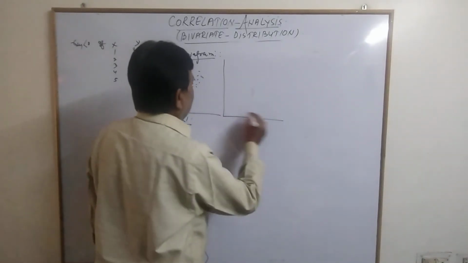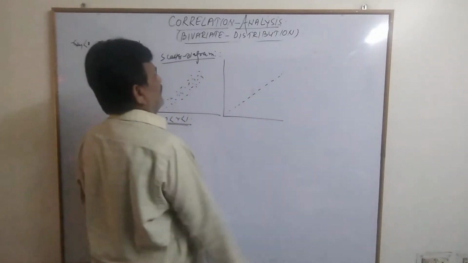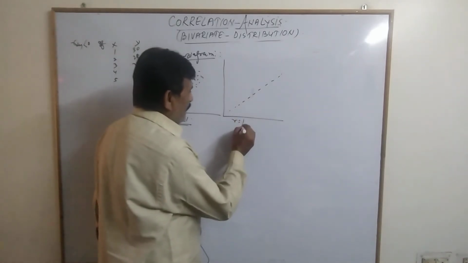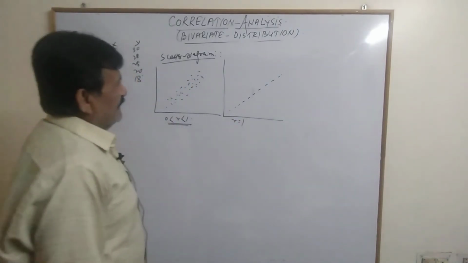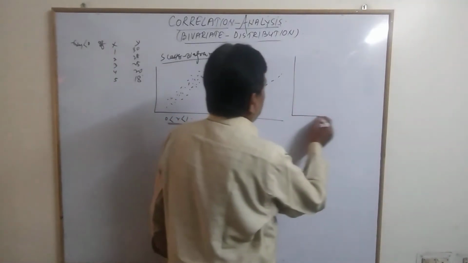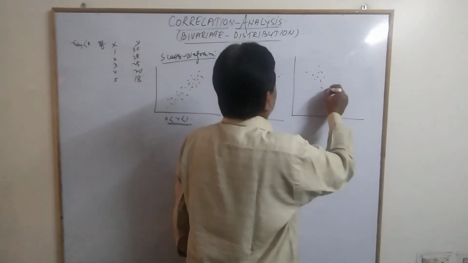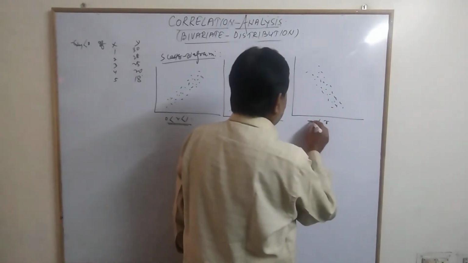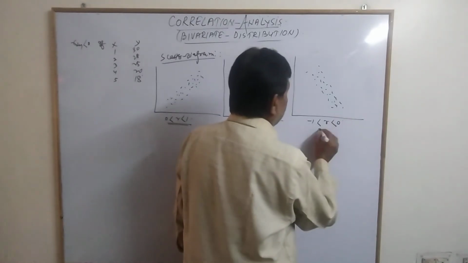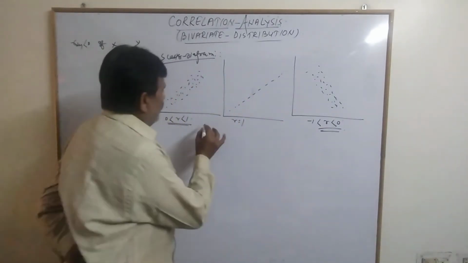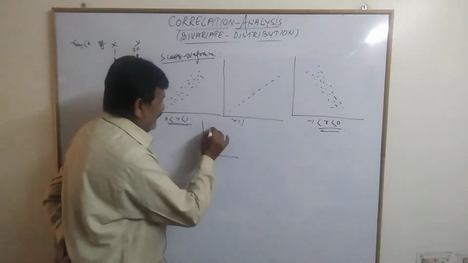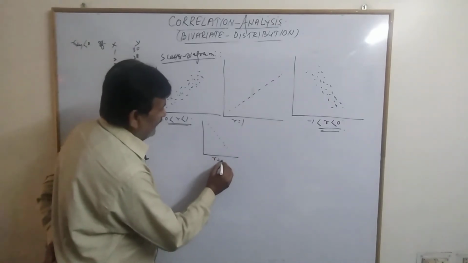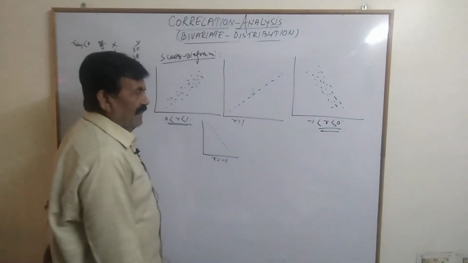If all the points are in a straight line, then we say that there is a perfectly positive correlation between x and y. If the scatter points go in a downward direction, then we say R is greater than -1 but less than 0. This is negative correlation. And fourthly, if all the points lie in a straight line in a downward direction, then we say that Rxy is perfectly negatively correlated.